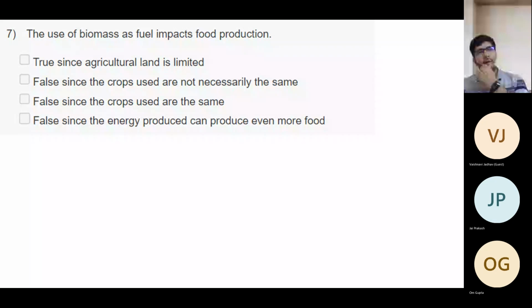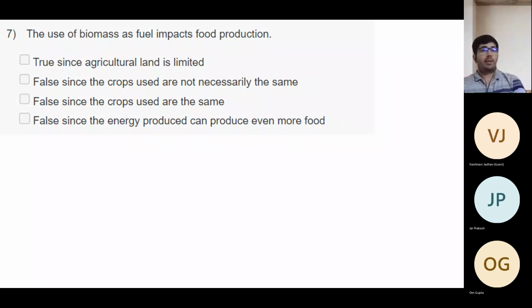The question is the use of biomass as fuel. Is it impacting the food production? That is the question. If you are growing the biomass for fuel, like we have covered, some farmers are producing corn for fuel for commercial purposes only, so that they can sell the corn to some industries to generate biofuels.